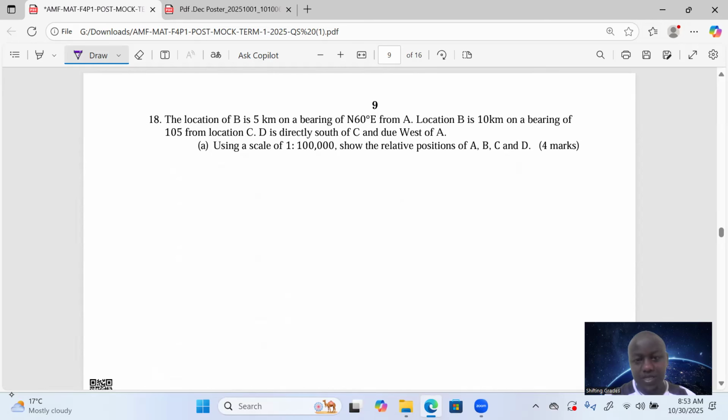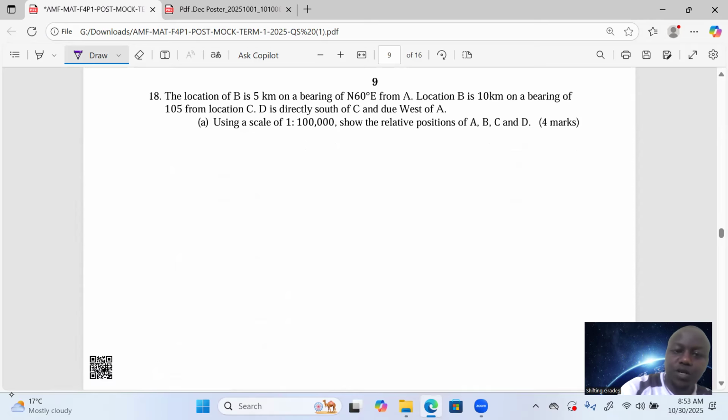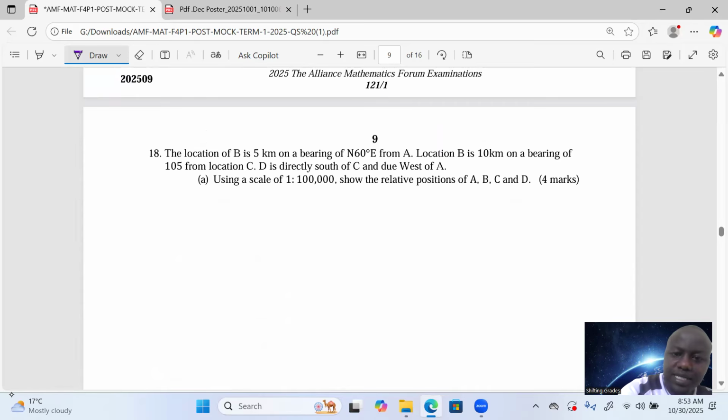When we talk about south, it means directly downwards. When we talk about west, due west of A, west means left and should be horizontally left. When you talk about downwards, it should be vertically downwards. So when you're told that some place is to the west, it means left horizontally. When we talk about east, the place is to the right hand side.